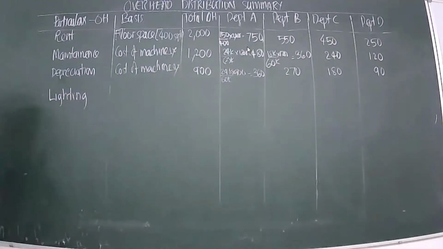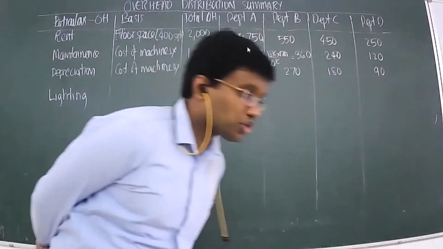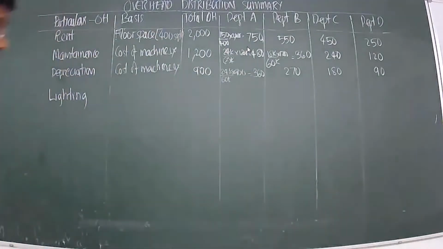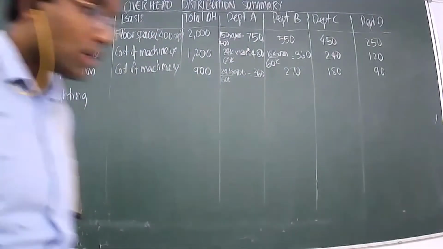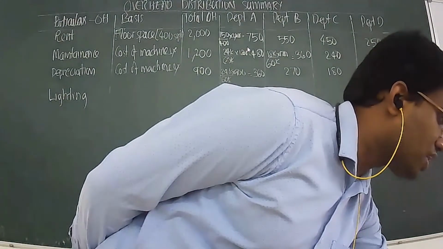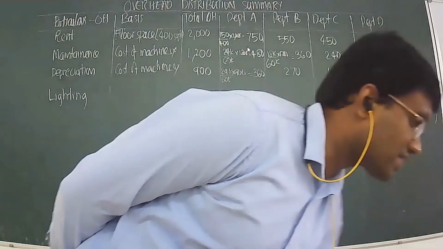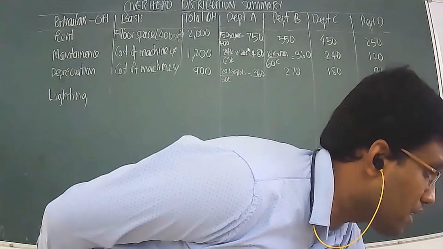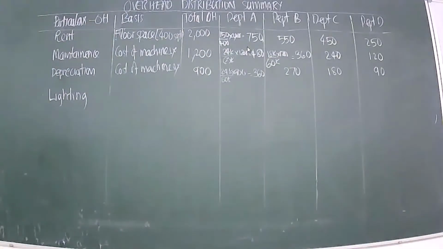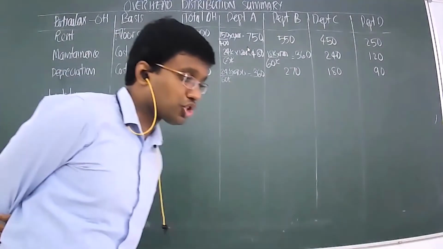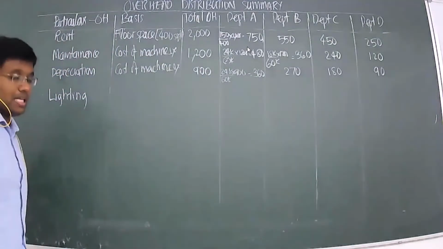Lighting. On what basis do you think we should apportion this? If someone can raise your hand quickly, I would be happy to hear the answer from you. What should be the basis of our apportionment? Any guesses?